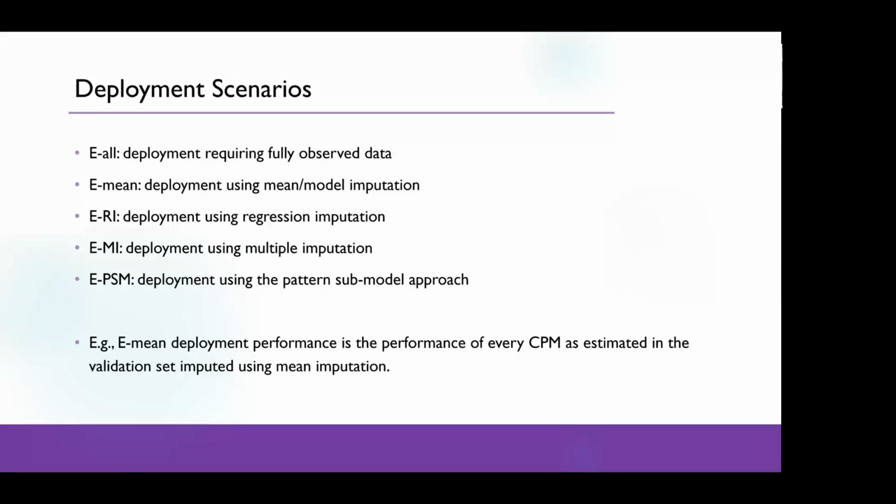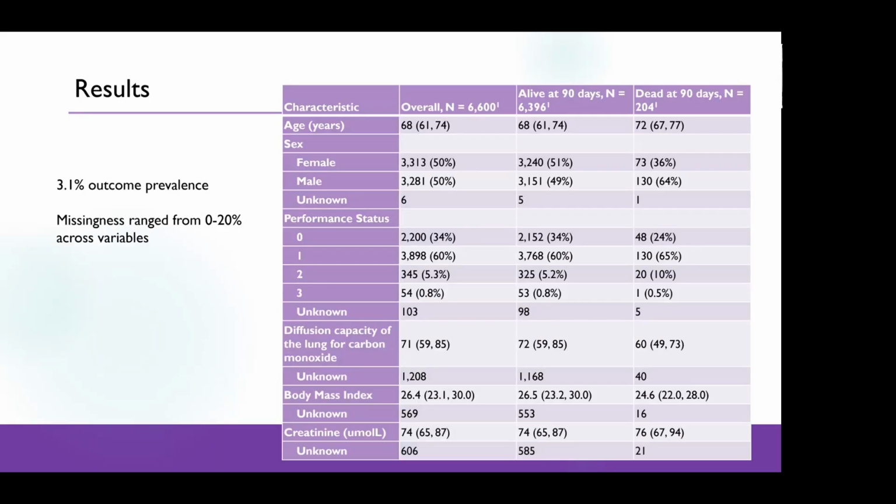These are the deployment scenarios that we considered, all the way through from requiring fully observed data, which we could only consider in the simulation study for obvious reasons, and the rest were various different ways of handling missingness at the point of deploying the model. So this is a classic Table 1 of the data.